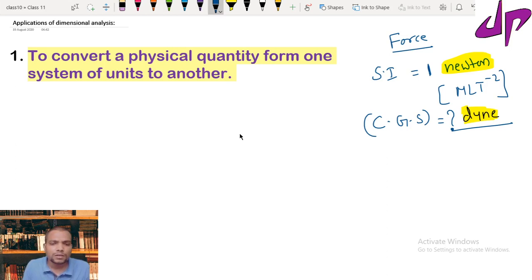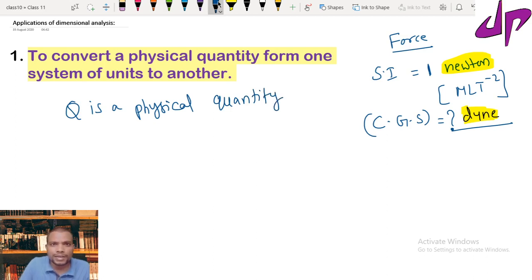Suppose capital Q is a physical quantity, like the force I have taken here.